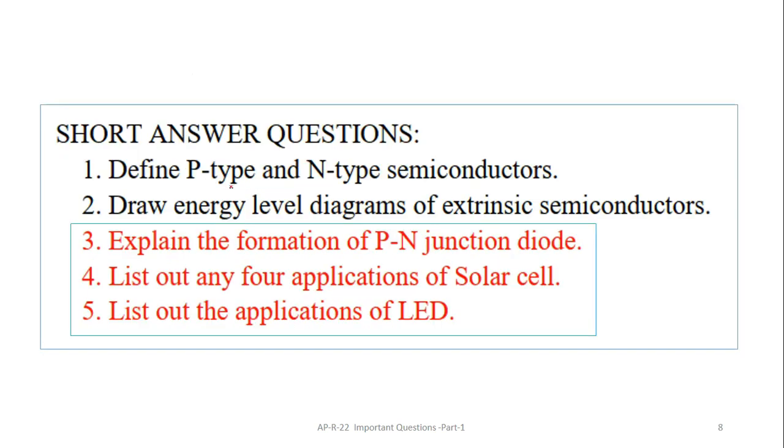We have to define p-type and n-type semiconductors and explain their basic nature, how we can construct p-type and n-type semiconductors, and drawing the energy level diagrams of intrinsic and extrinsic semiconductors are mostly important.